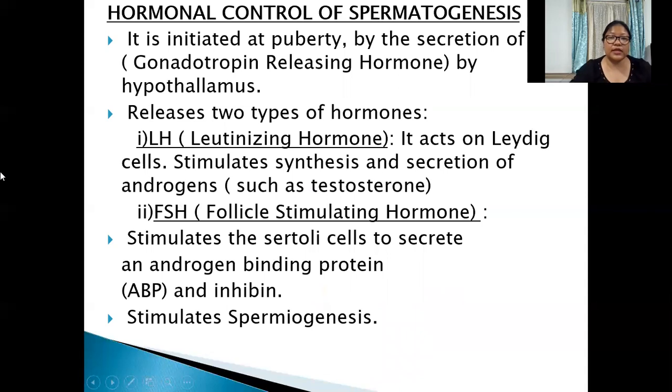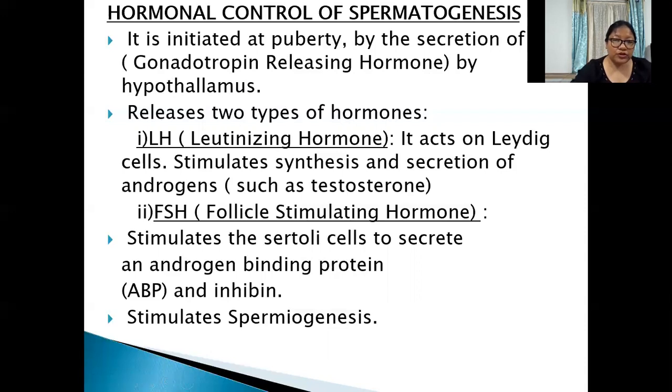So now we will see the hormonal control of spermatogenesis. We know that spermatogenesis in males is initiated at puberty by the secretion of a particular hormone known as the Gonadotropin Releasing Hormone. It is released by the hypothalamus.